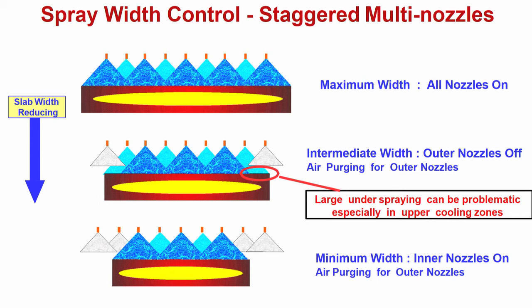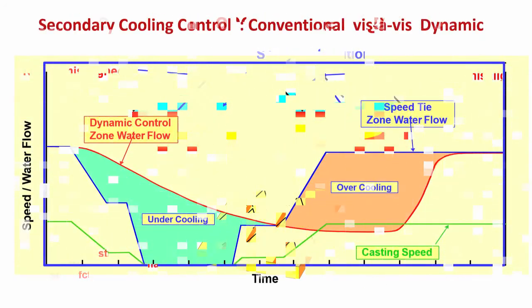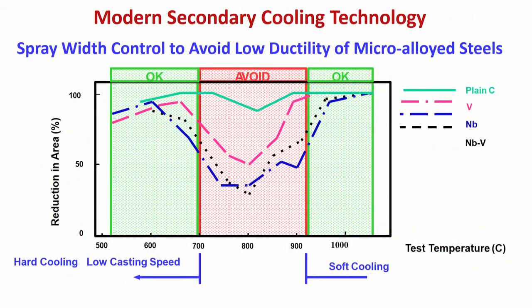Surface temperature control of the strand means inside also we have control. So, with the help of this control you can get either relatively lower temperature, that means less than 700, or you can have relatively higher temperature when your unbending is complete. So, you do not allow the unbending region or the straightening region to have this temperature, because unbending means the strain will be there, bending unbending strain.